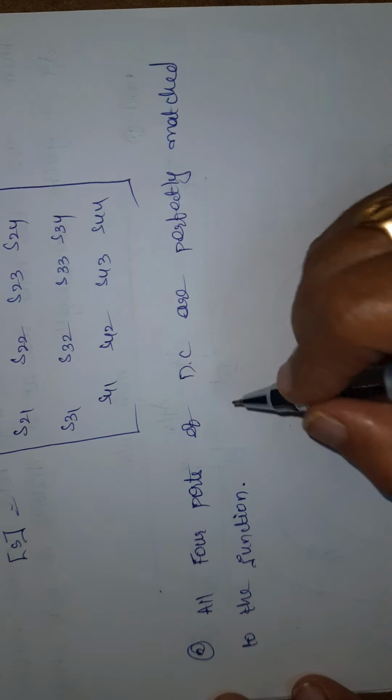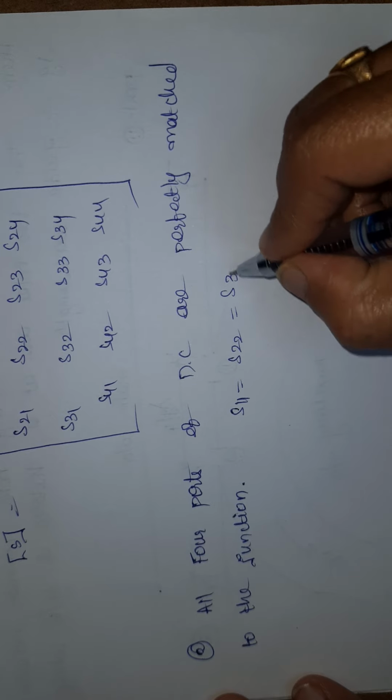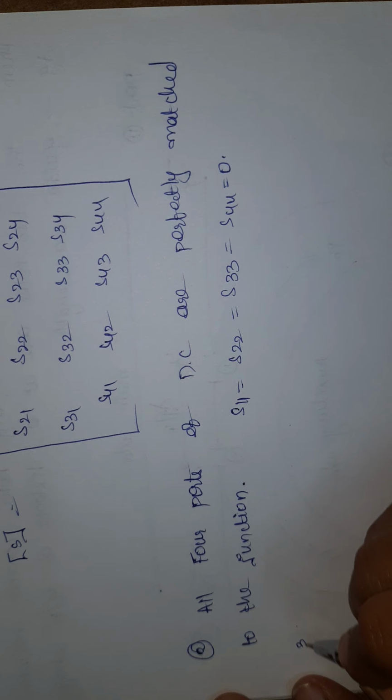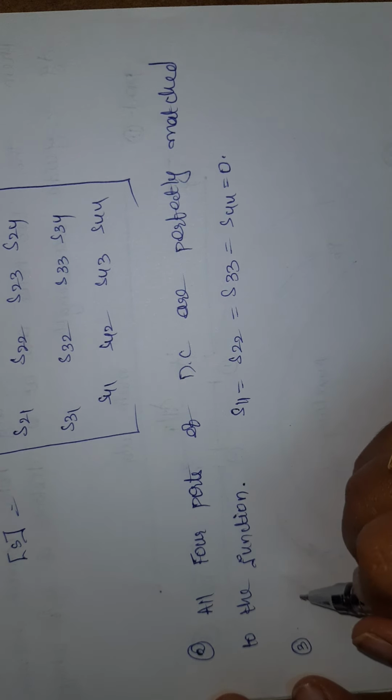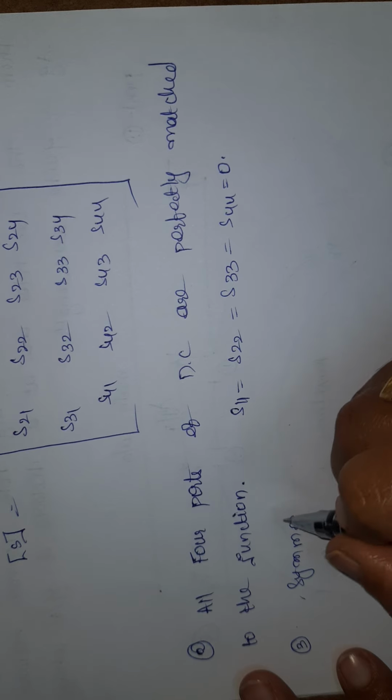Okay, so if the ports are perfectly matched, S11, S22, S33, S44 equal to 0. Third one, the symmetric property of scattering matrix.